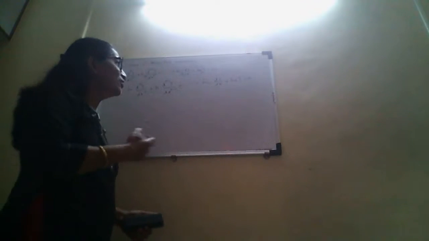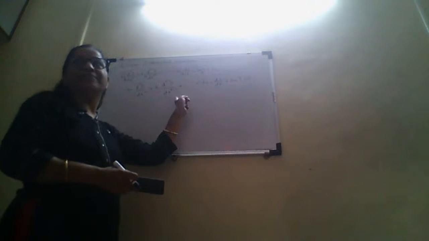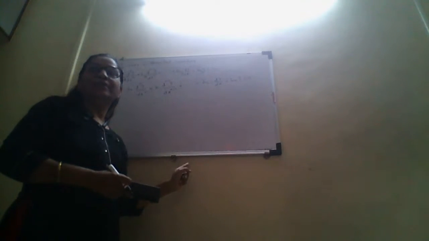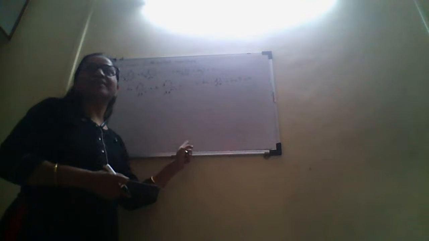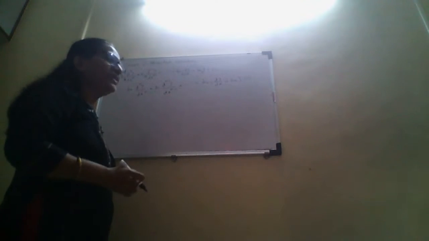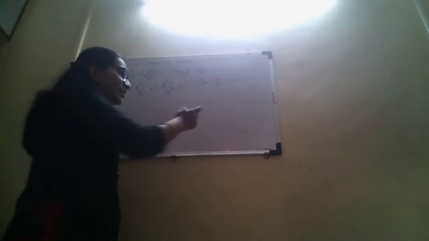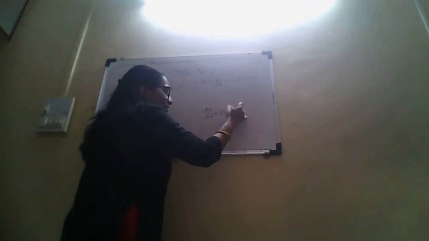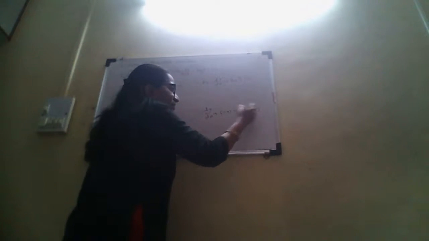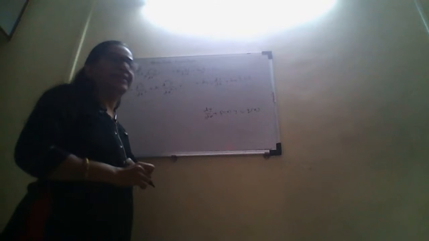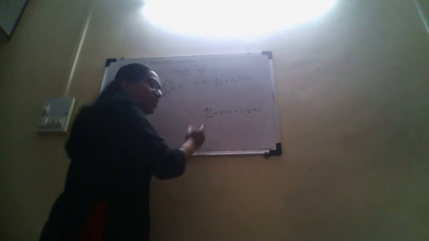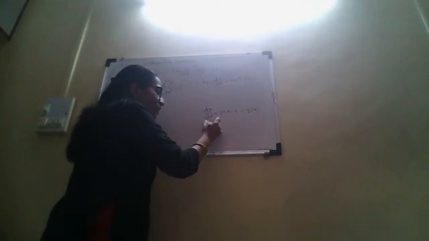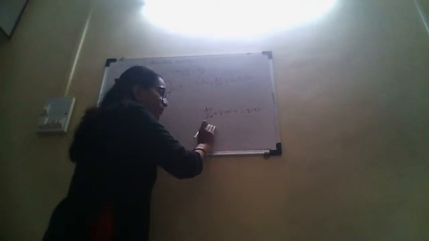So how many solutions are possible for this differential equation whose order is n? How many at most solutions are possible? See, for a linear differential equation, that is dy by dx plus p of x into y is equal to q of x, which is of first order and first degree, we have just a single solution. y into IF, or I will shift the IF to that side.